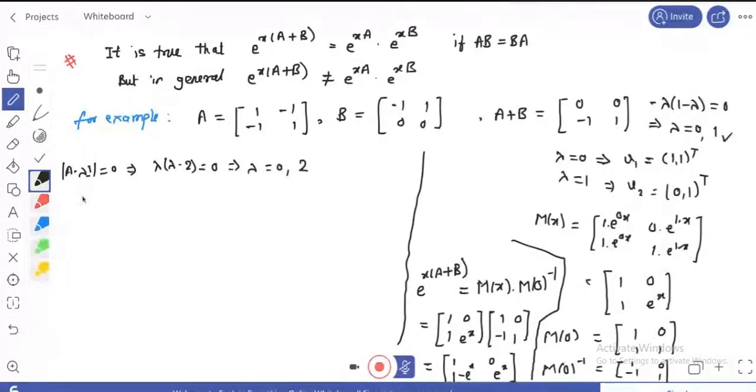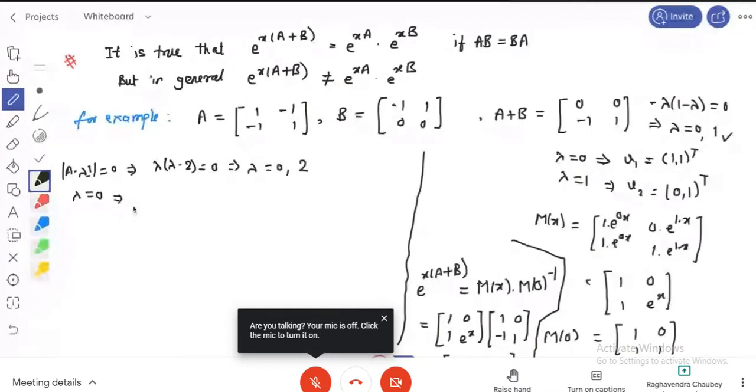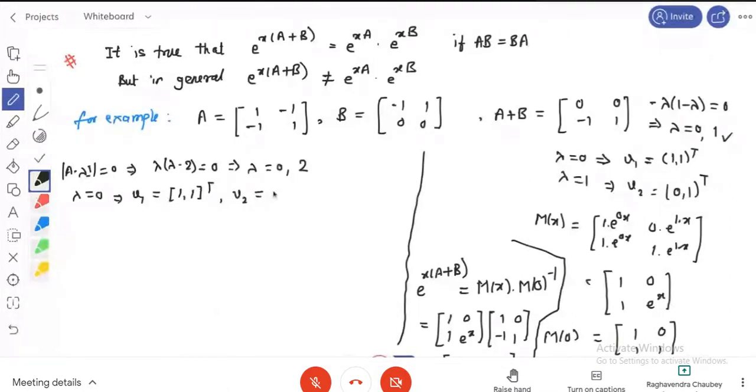For lambda equals 0, what are your eigenvectors? The eigenvectors are 1 1. And for lambda 2, the eigenvector is 1 minus 1. Okay, so we can directly write what is Mx. So Mx is 1 e to the power, okay, so 0.